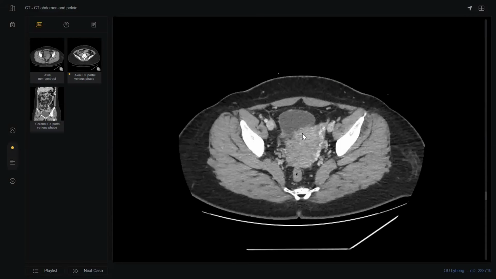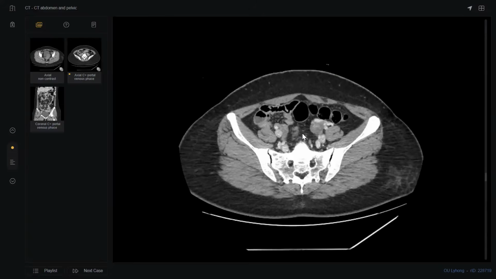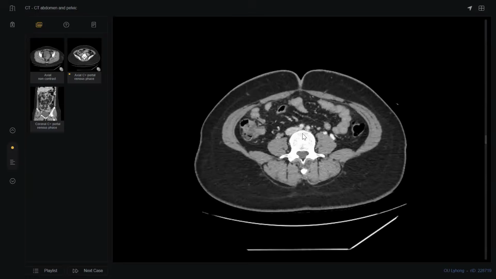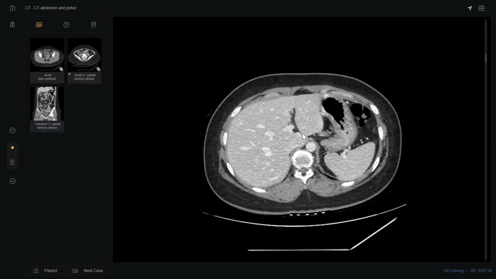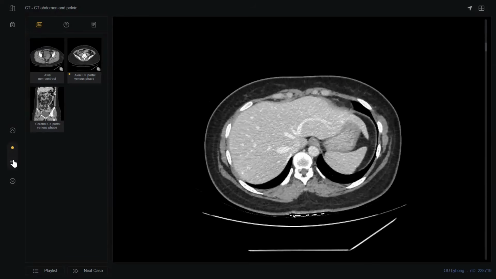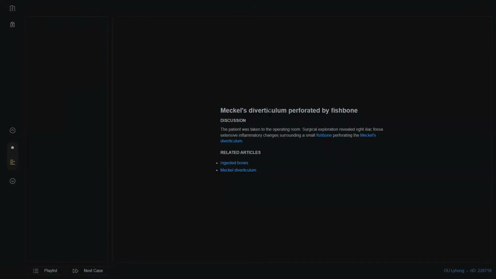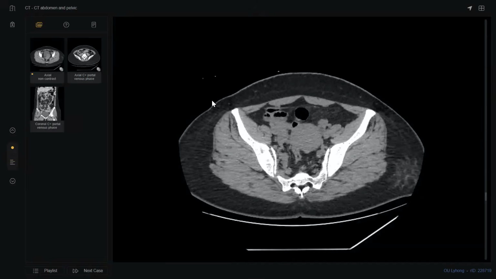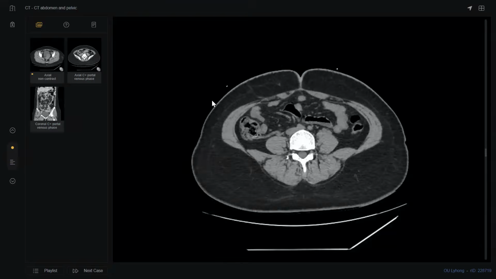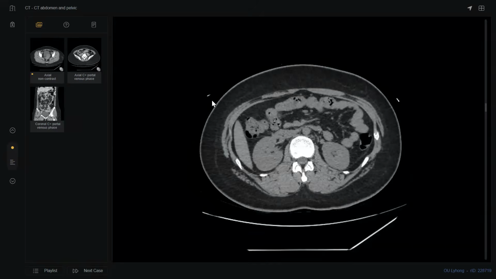What happened here, my colleague? This is another type of small finding, but very important. It is a foreign body, exactly. It is a fish bone that perforated the Meckel's diverticulum. I think the examiner will tell you a brief history: the patient has abdominal pain.